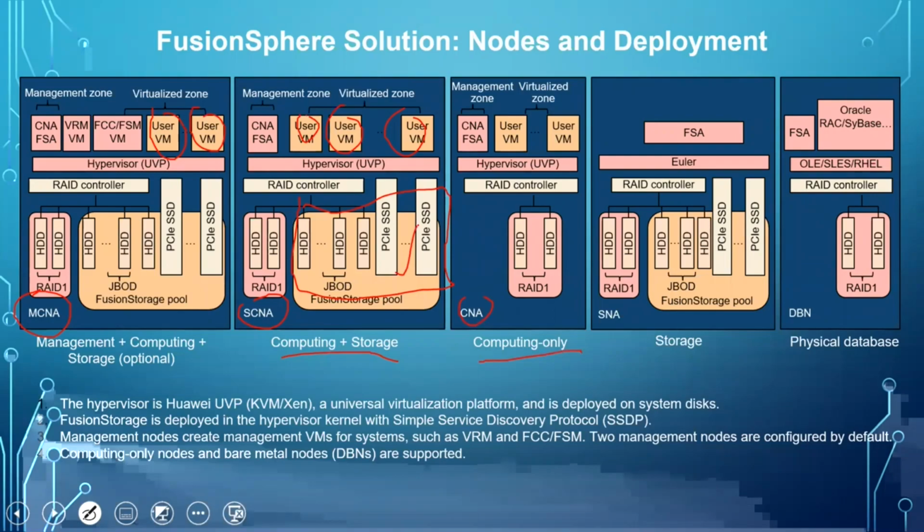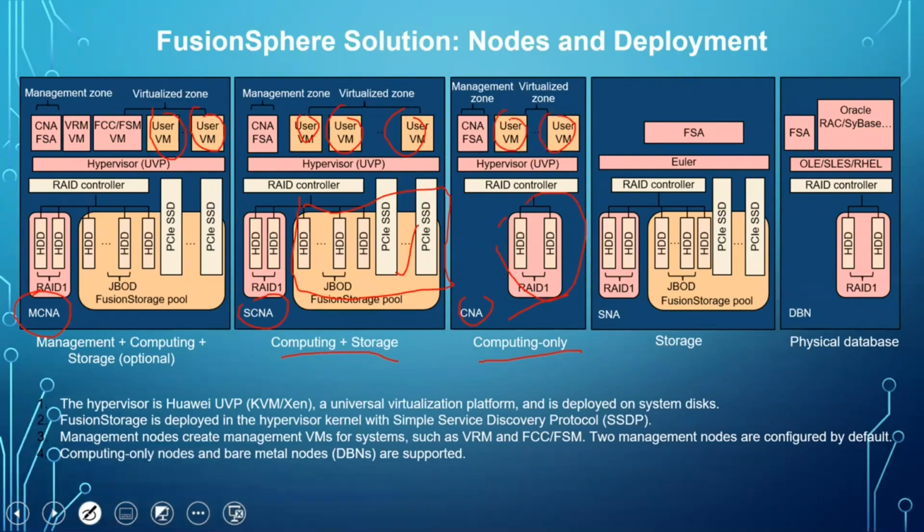In CNA, you need only the operating system disks, with 2 disks, so in case one disk fails, the second disk takes over. You need to install only the hypervisor on these 2 disks, with no need to add other disks, because this acts only as a CNA. User VMs will be deployed in this CNA, used for compute purposes only.